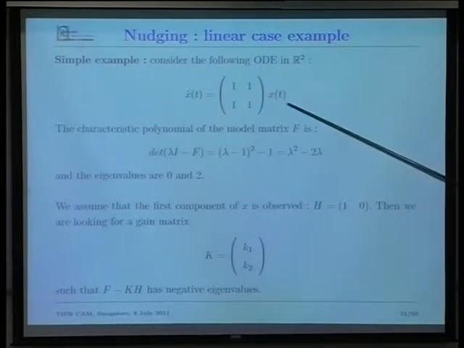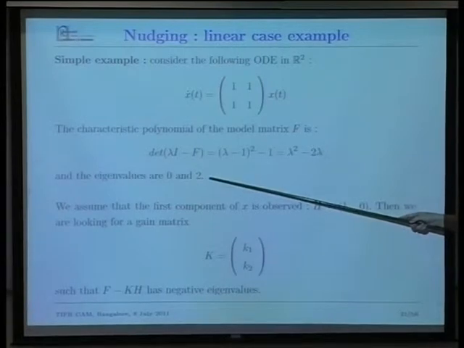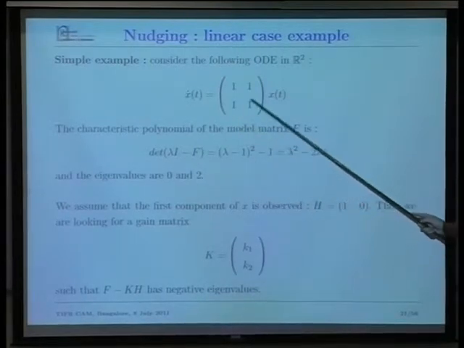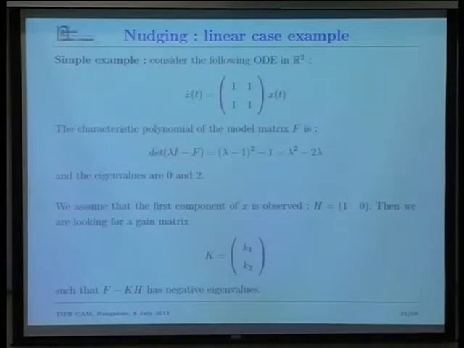Because f has two positive eigenvalues, so if you use the wrong initial condition, for sure the trajectory will not remain close to the true solution. It will diverge exponentially in time.